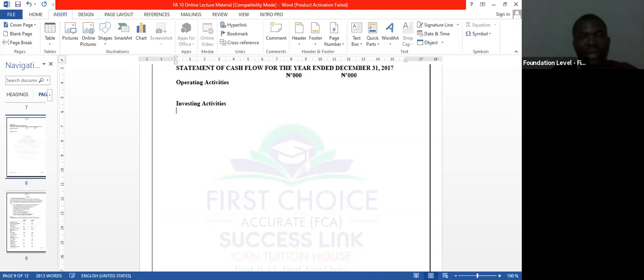And the third one is financing activities. Okay, let me correct that. So we have the financing activities. These are the three headings that we have.